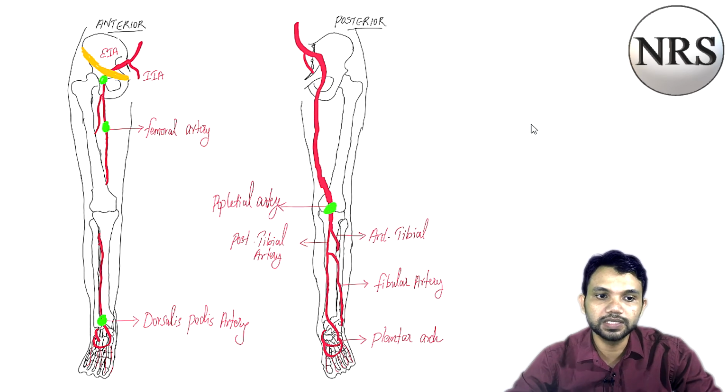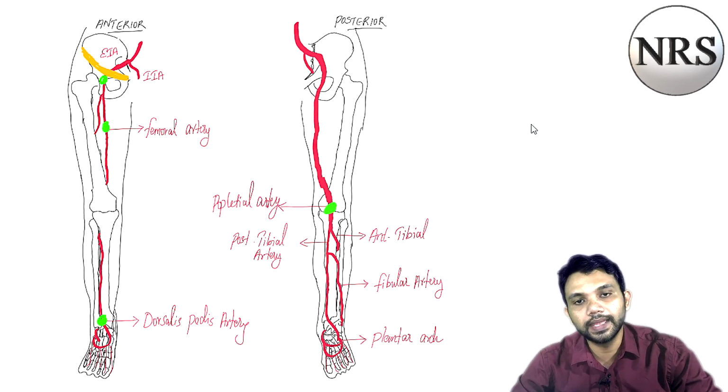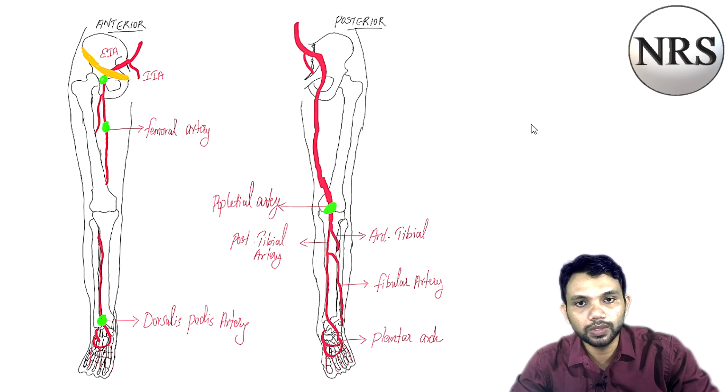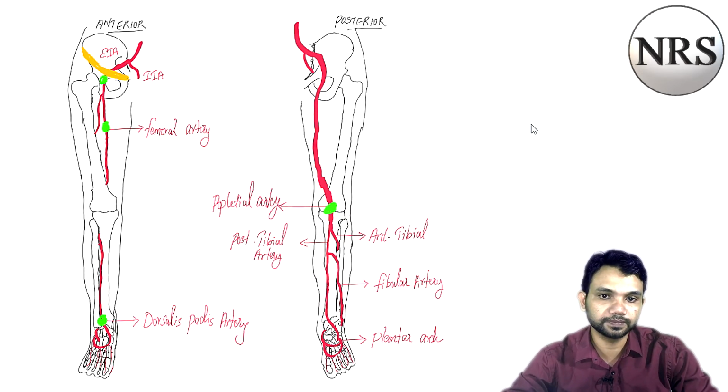These three are the important points where we can feel the pulse of these important vessels. This is all about the arterial blood supply to the lower limb, and we will see the venous supply now.